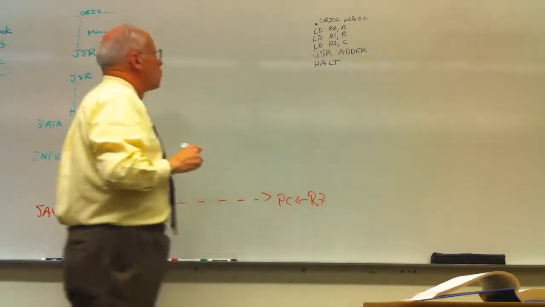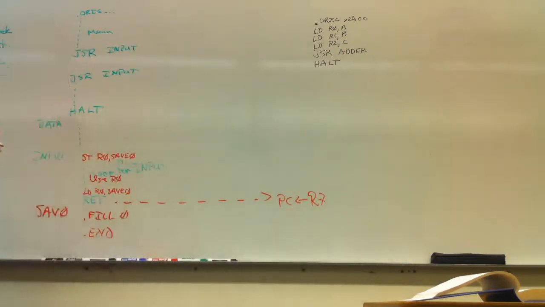Now, where do you put A, B, and C and so on relative to your subprogram? It ultimately doesn't matter. You can put those things anywhere you want. Just a couple of rules. One of them is that you have to be able to reach them.